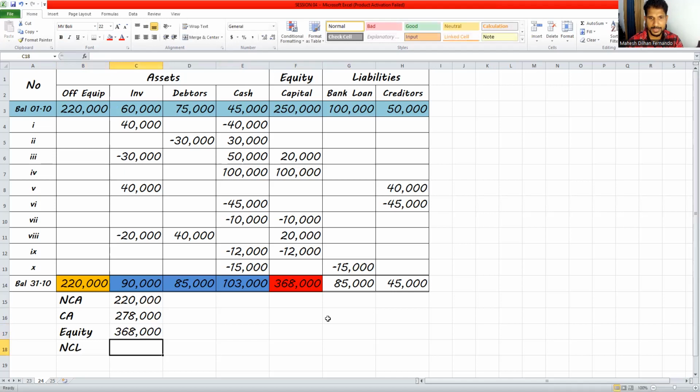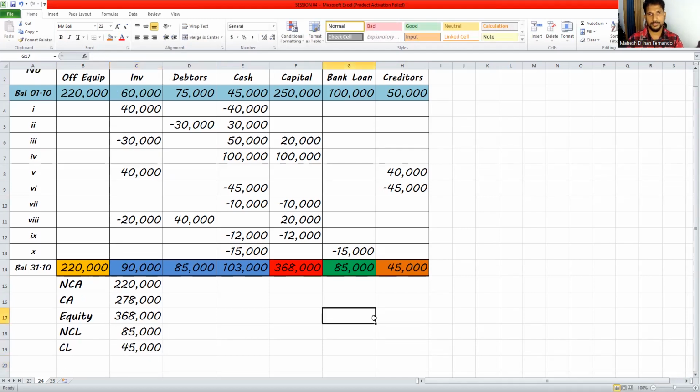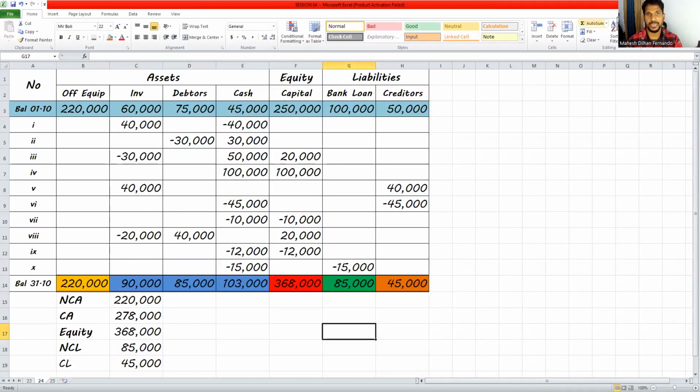Non-current liabilities. We have only one non-current liability here. Right? Let me change the color. It is 85,000. And finally, the current liabilities, right? And the closing balance is 45,000. Here we have the final answer.